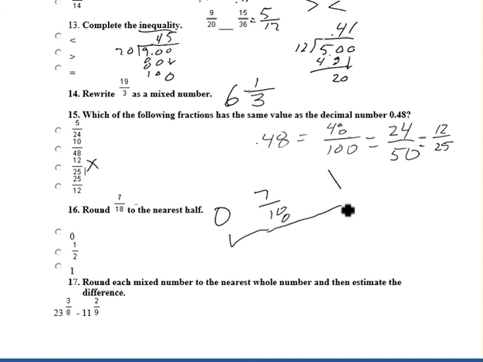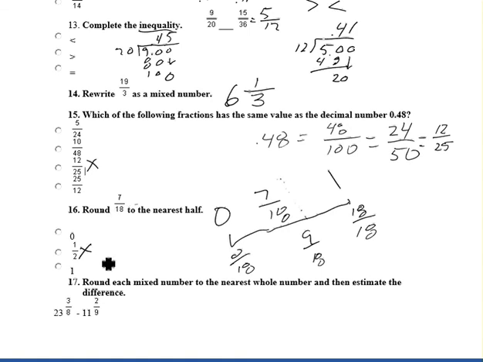And 1 is the same as 18/18. So the middle would be 9/18. So 7/18 is closer to 9/18 than it is to 0/18. So 1/2. This number is closest to 1/2, rather than 0 or 1.